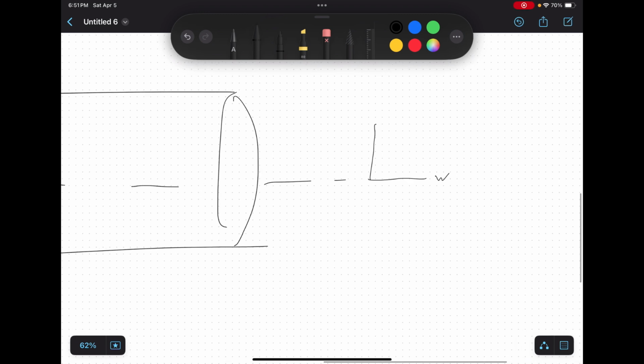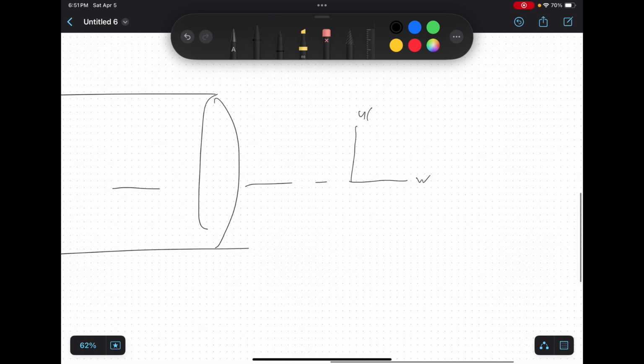This will be u in the r direction, w in the z direction, and out of the page will be v theta. I want to draw it up here. So there we go.